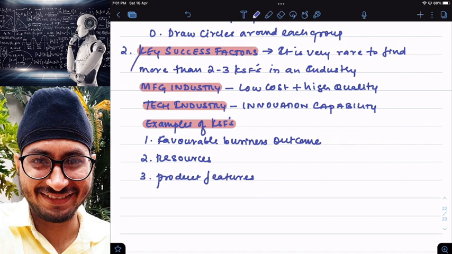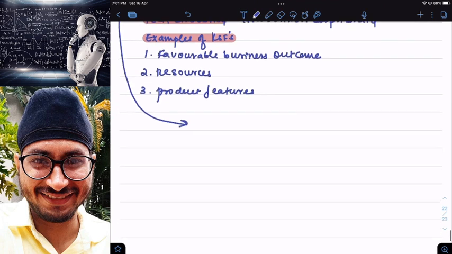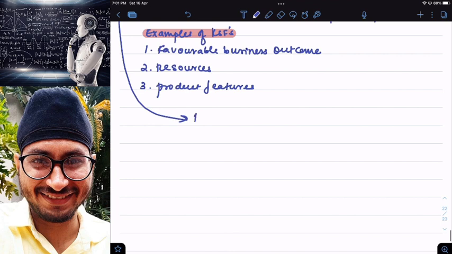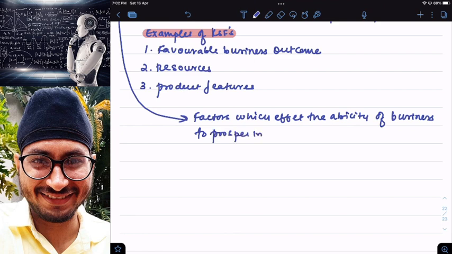In simple words, key success factors means factors which affect the ability of business to prosper in market. So any factor which is helping me to prosper in market is called what?